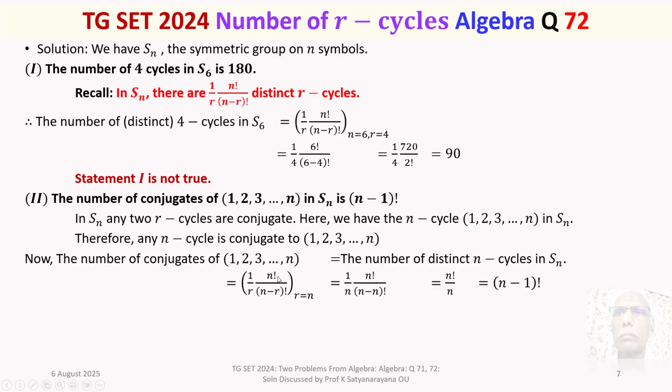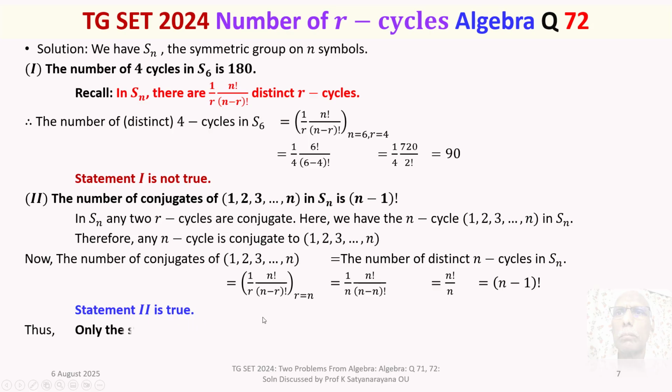That is 1 by n into n factorial by (n minus n) factorial. That is 0 factorial, and 0 factorial is 1. 1 by n into n factorial, that is n factorial by n, is (n minus 1) factorial. Yes, the number of conjugates of the n cycle is (n minus 1) factorial. Therefore, statement 2 is true.